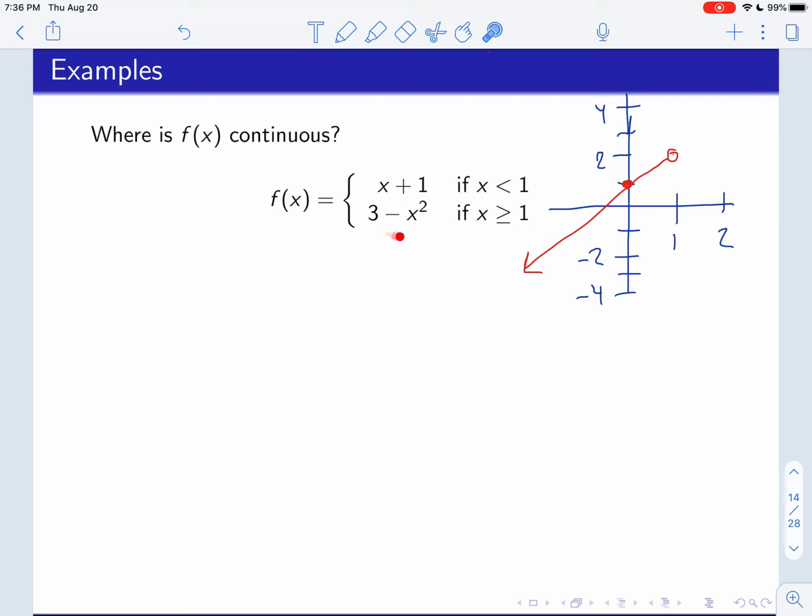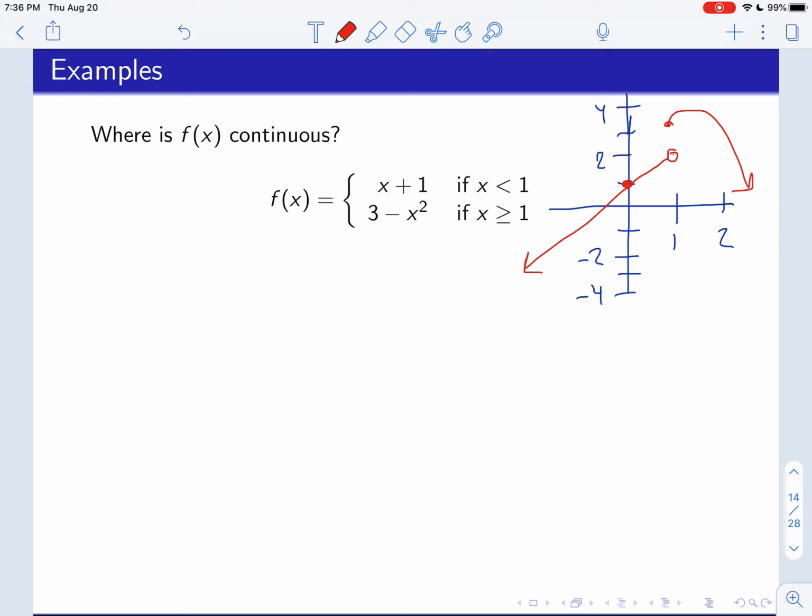It's upside down because the x squared is negative. So really the only question I'm asking myself here is, when that parabola starts going, is it going to match up with this point? Or is it going to be one of the ones where there's a jump?